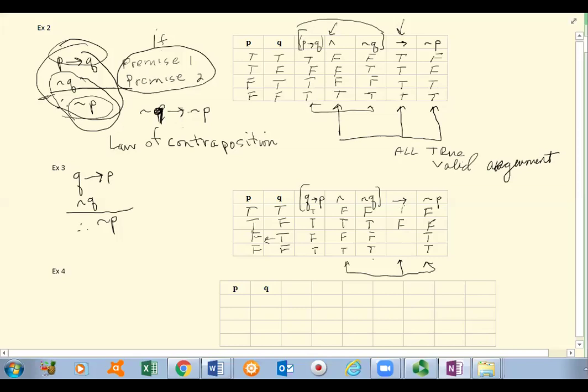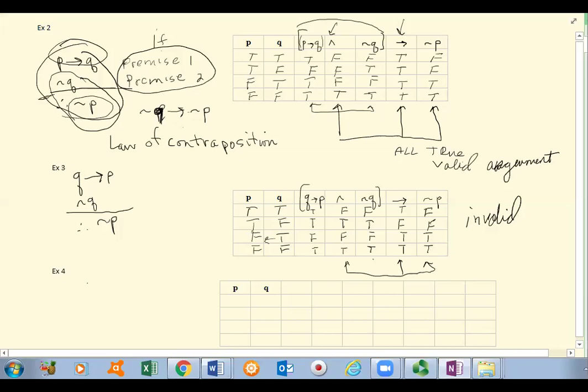We've got truths in all of these other places, but the one false makes it invalid. That's all it takes is one. Somebody poked a hole, so to speak, in this argument. I find the one case where it is false, and that makes the whole argument invalid.